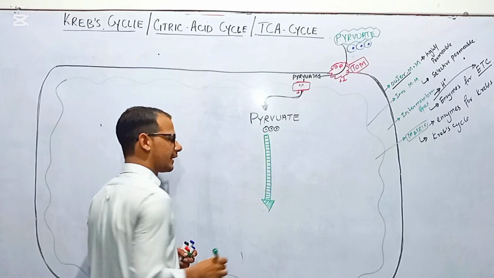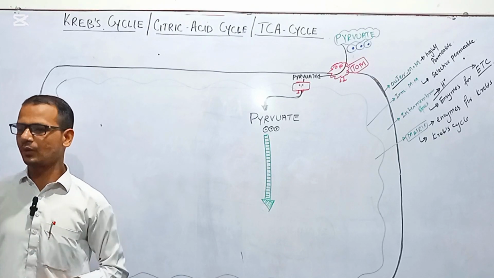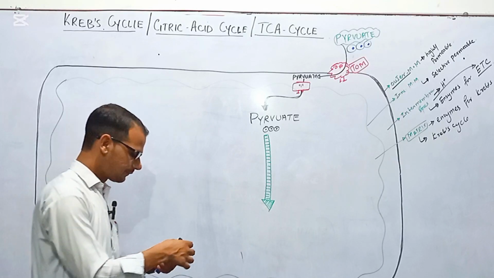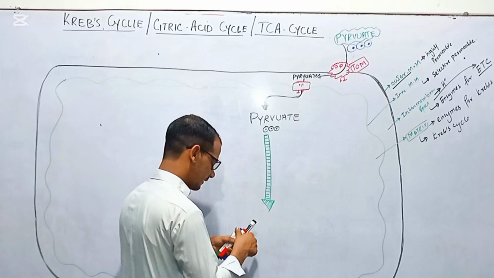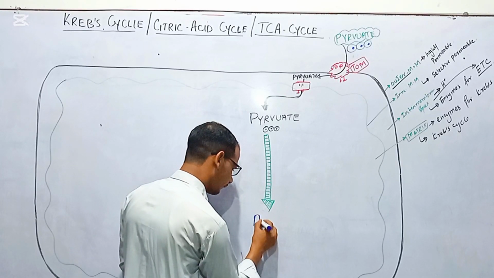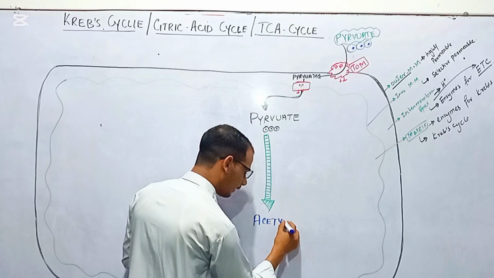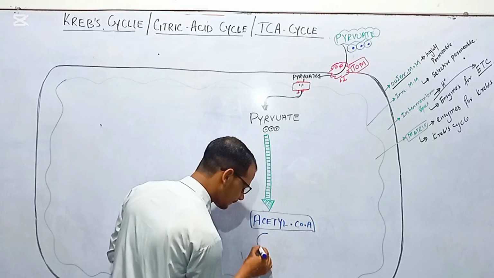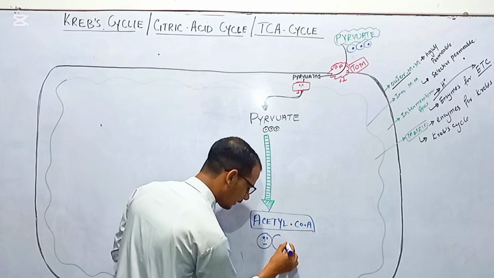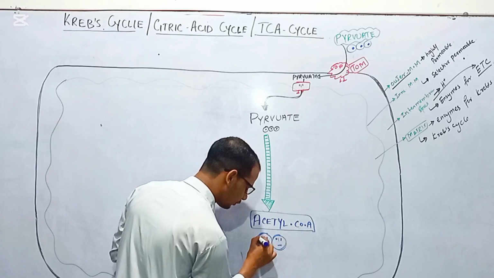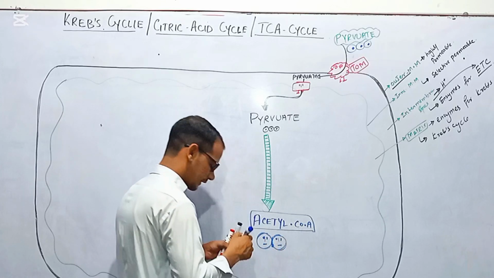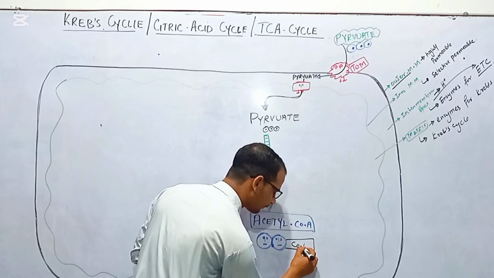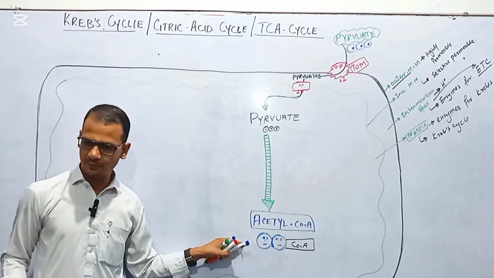On the way, 1 carbon is excreted, or this pyruvate loses 1 carbon and converts into acetyl CoA. Acetyl CoA is a 2 carbon compound, attached to a side chain which is coenzyme A. This is acetyl coenzyme A.